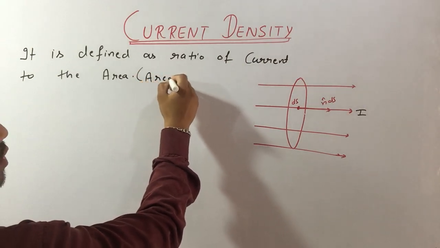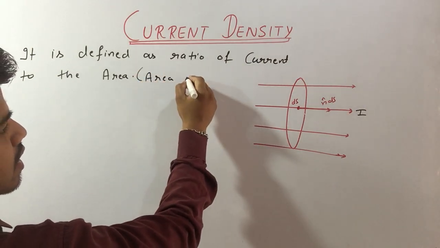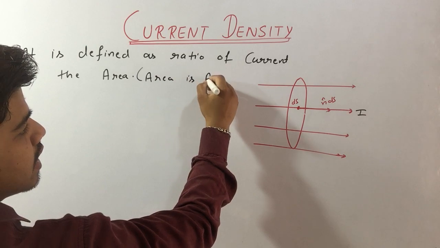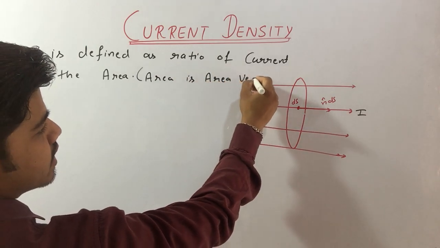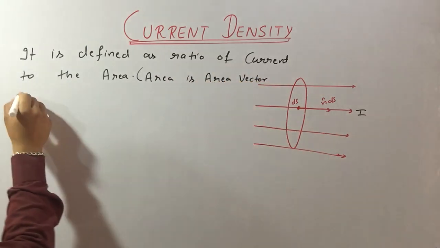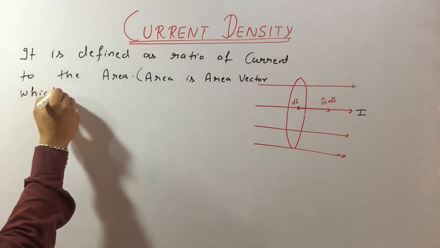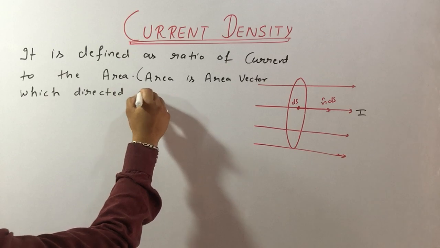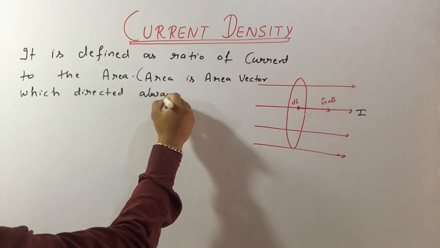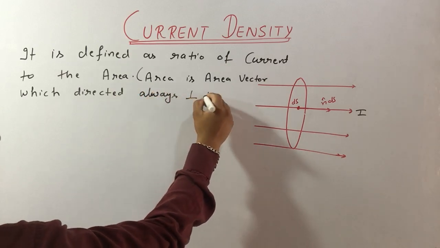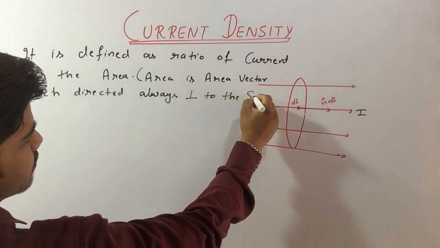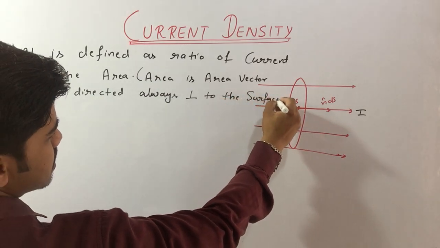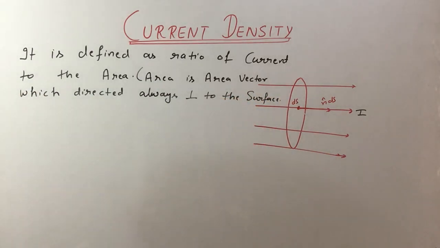We have to write it in the brackets: area is the area vector which is always directed perpendicular to the surface. This is the theoretical form of current density.